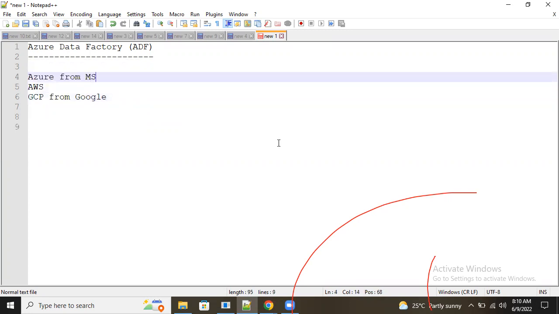Now see, guys, how do we distinguish them? Why is Microsoft Azure on top? Friends, basically, the cloud environment has been divided into three parts. Out of these, infrastructure as a service and platform as a service are the main ones.